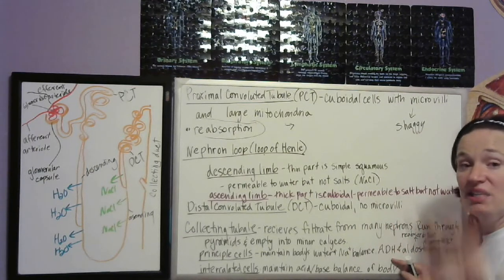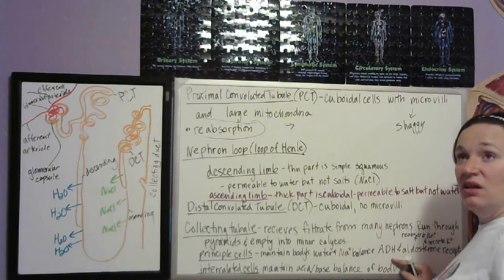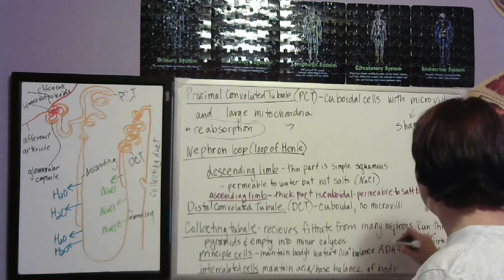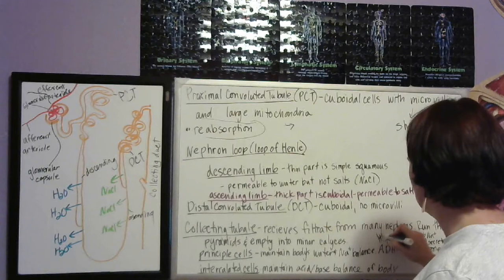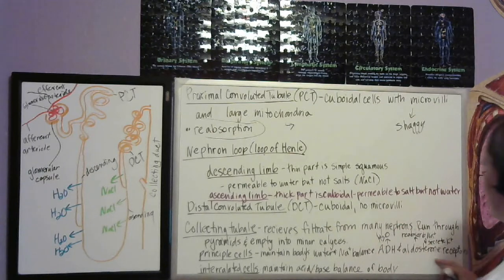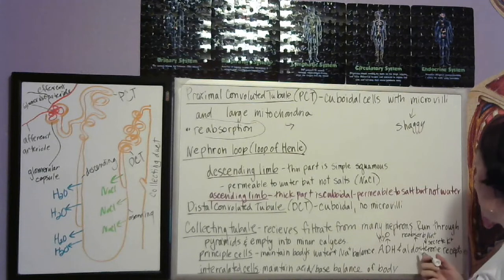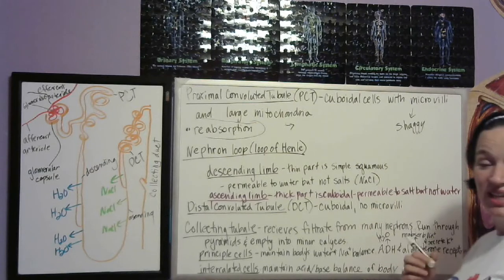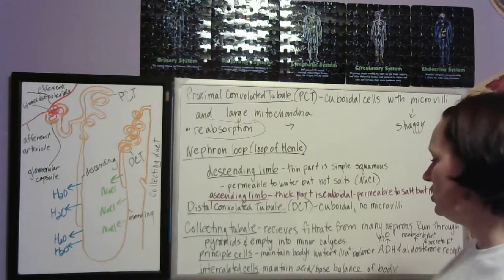Antidiuretic hormone controls the water balance. And aldosterone is another hormone that's going to reabsorb sodium and secrete potassium. So once again, keeping those specific ions in check.